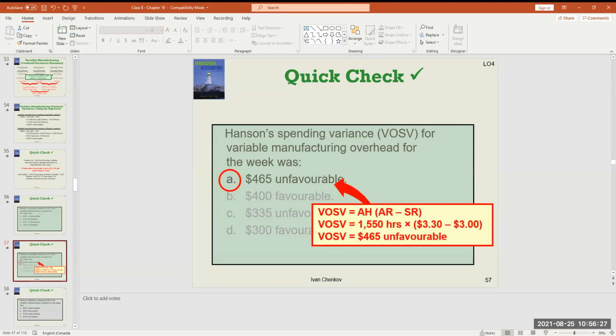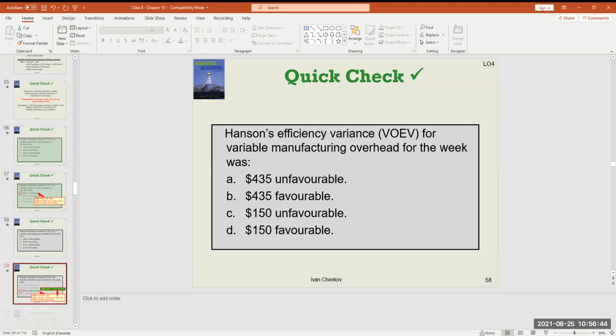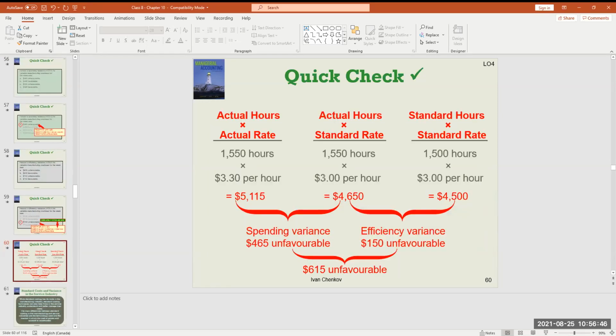And how are we going to get it? We're not changing the actual hours. We're staying with the actual hours, and we're chasing the difference in the rate. And the other one, the efficiency variance. The efficiency variance here was 150 unfavorable, as you remember. So how are we going to get it? Again, this way.